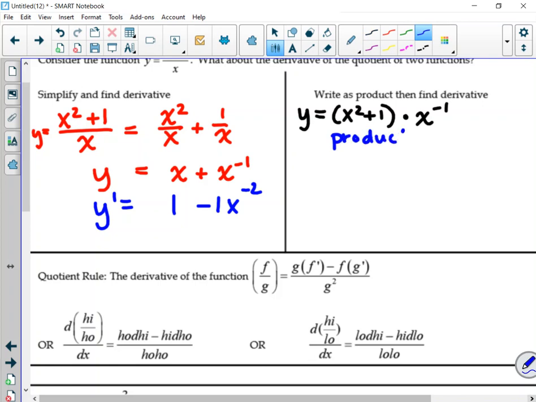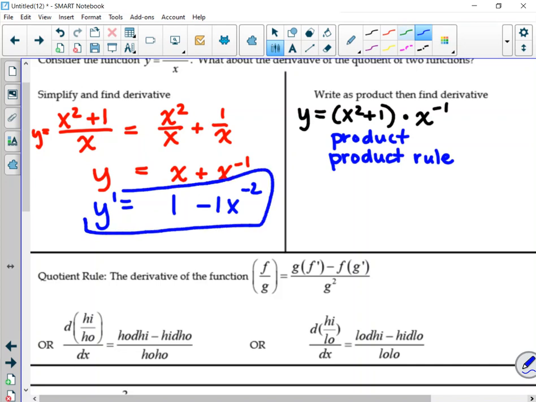So that's a product. All right, apply the product rule, and let's see if you get the same derivative. See if you can do the product rule for that, knowing that your derivative should end up being equivalent to 1 minus 1x to the negative 2.